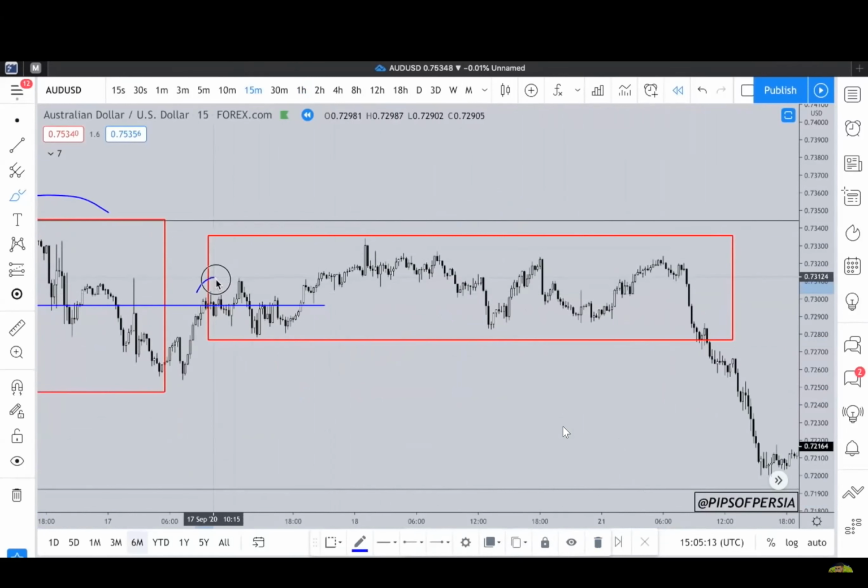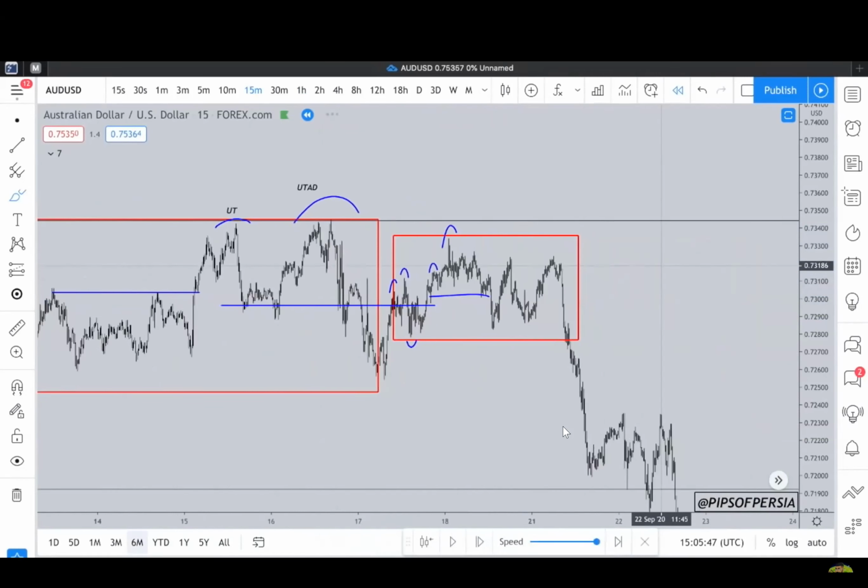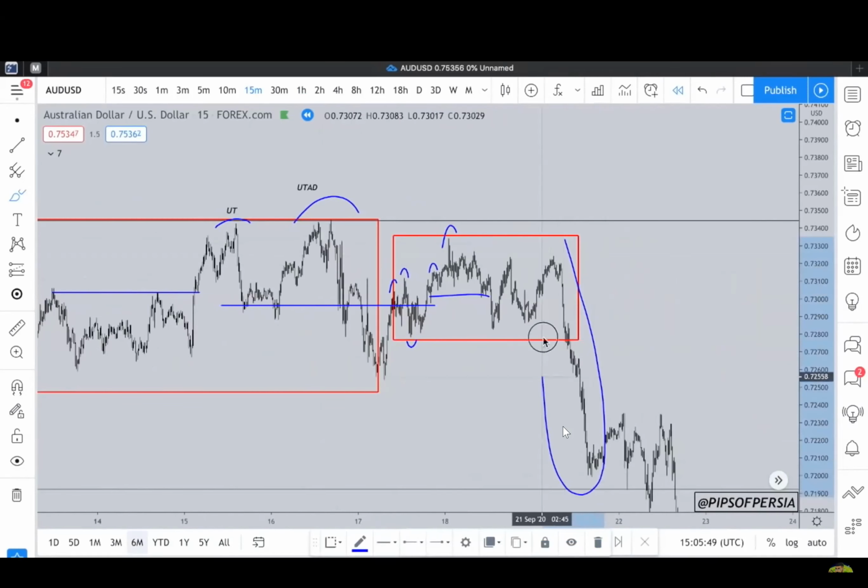However you want to identify this: preliminary supply, buying climax, the sign of weakness. You can see these as your secondary tests, this as the upthrust, breaks of the minor structure to the downside, a little bit of indecision in the market. For now I'm going to describe this as indecision, but eventually you would have been able to see the confirmation of that distribution through the move to the downside that we had.